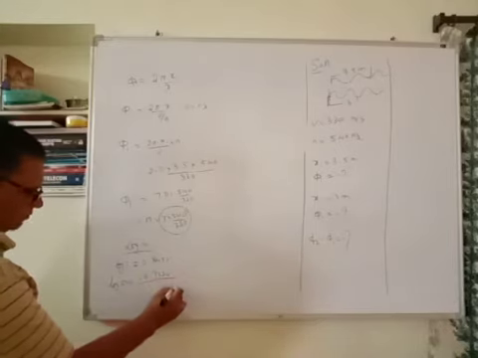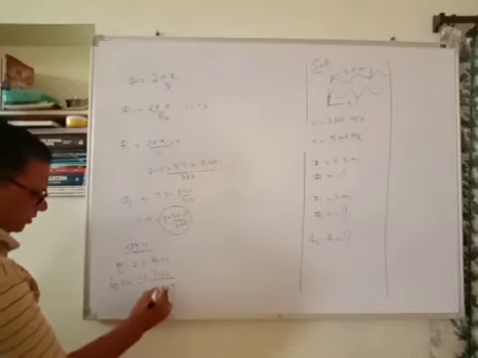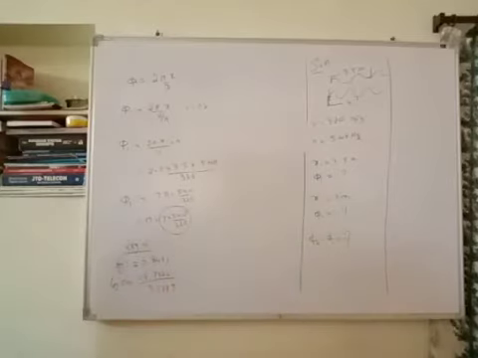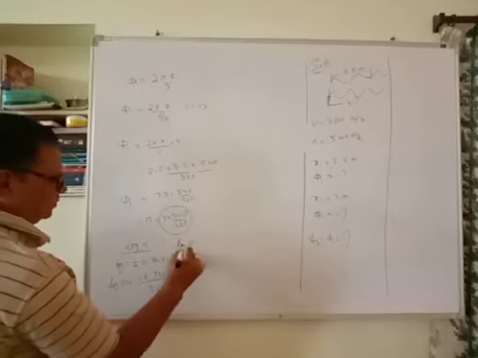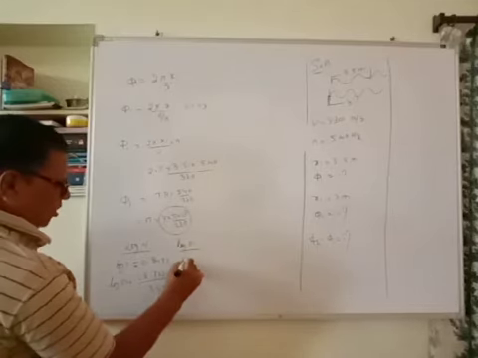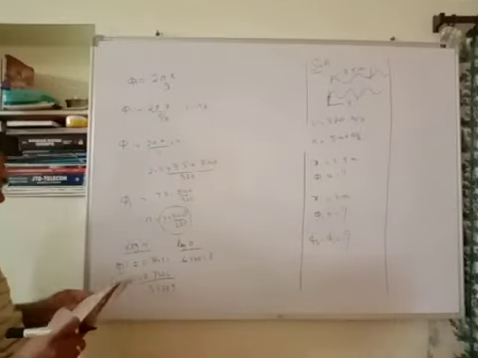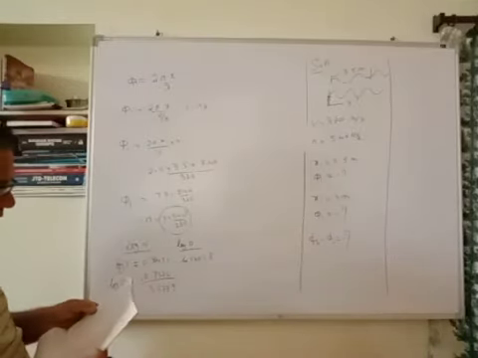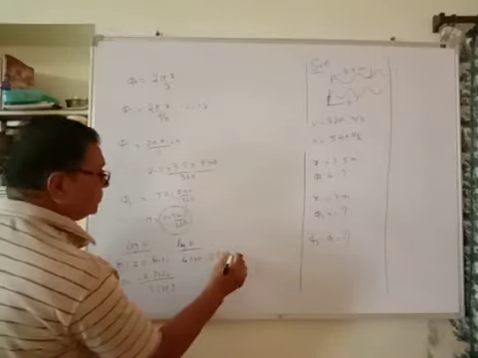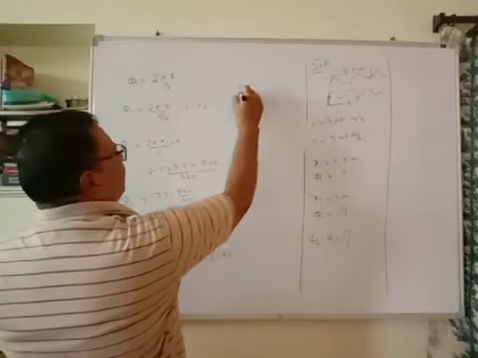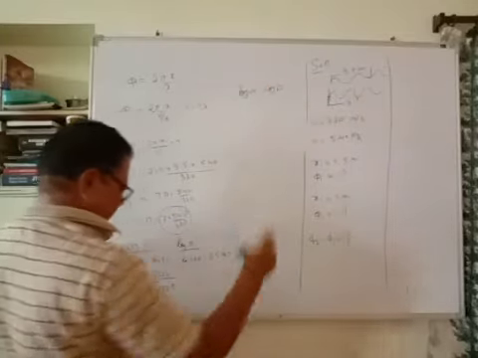Add them: 3.5775. Now the log of the denominator, log of 330: the characteristic is 2, and the mantissa is 5185, so 2.5185. So log of numerator minus log of denominator.